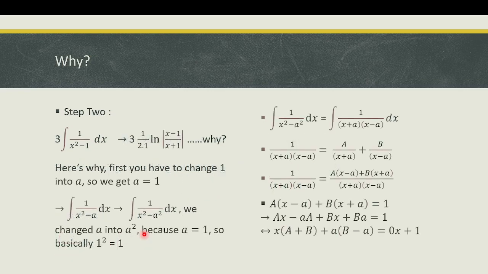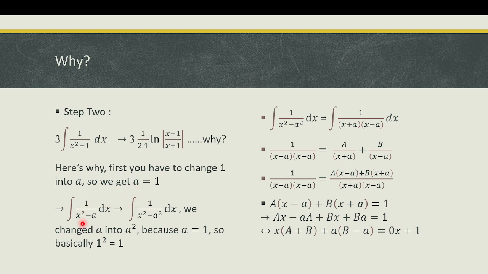Next, we move into the second step. So 3 times the integral of 1 over x squared minus 1 dx. We get this answer. Why? Here's why. First, you have to change 1 into a, so we get 1 is equal to a, or a is equal to 1, which is the same.